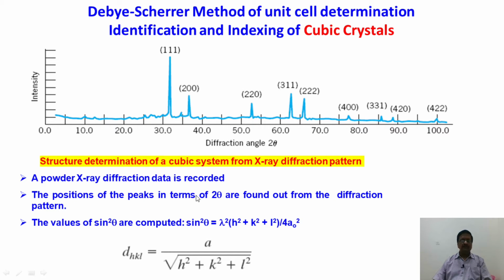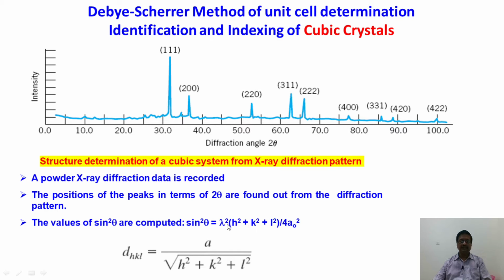So what we do is find these 2 theta positions, and we use Bragg's law to compute the corresponding d values using n lambda equal to 2d sine theta. We introduced you to the relationship between theta and HKL in one of our previous lectures.